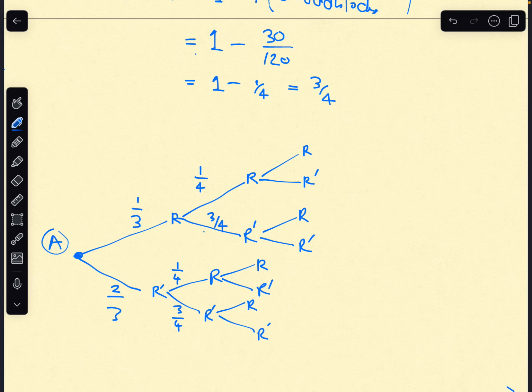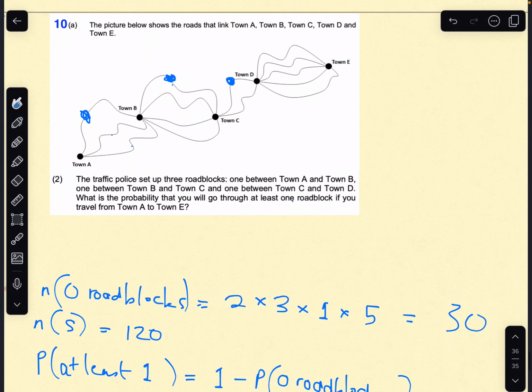Run out of space so bad. Okay, so chances of encountering a roadblock is a half, half, half, half, half, half, half, half. Okay, and then now we are finally at the last stretch.